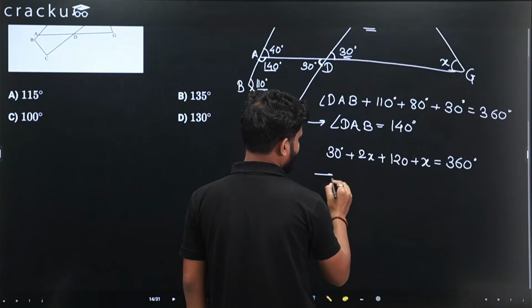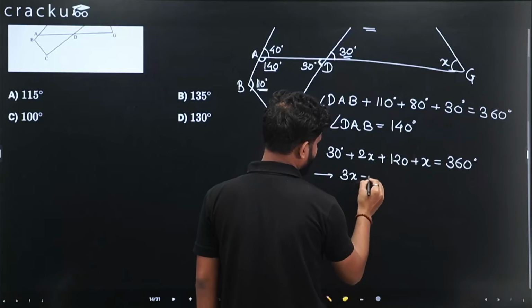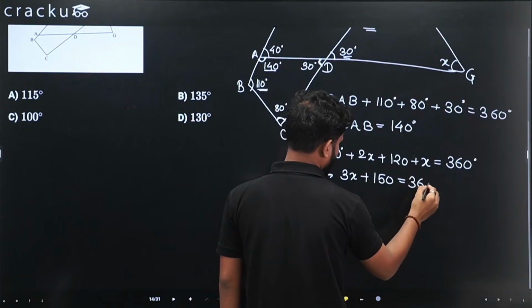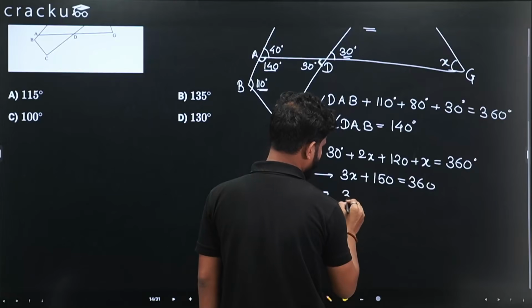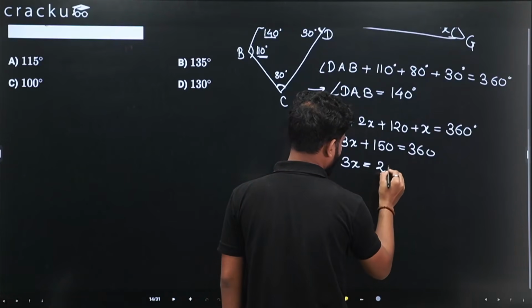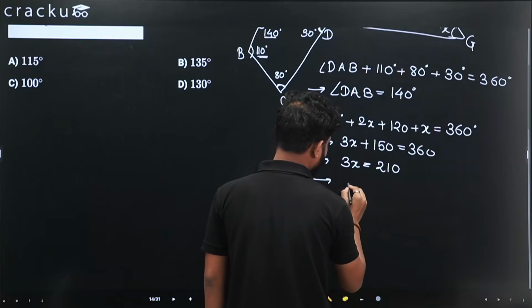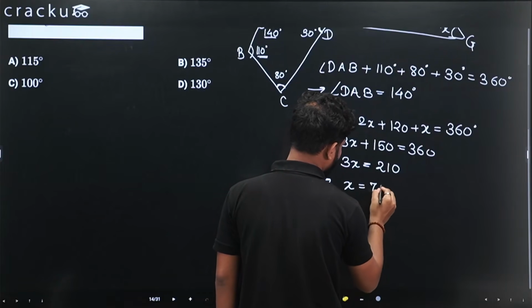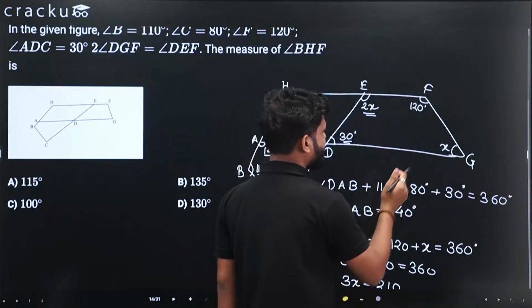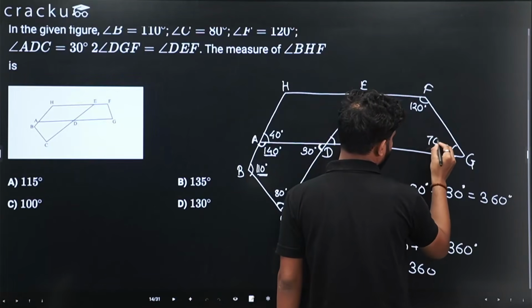From here I can say 3x plus 150 is equal to 360, or 3x is equal to 360 minus 150, which is 210, or x is equal to 210 by 3, which is 70 degrees. So x is 70 degrees.